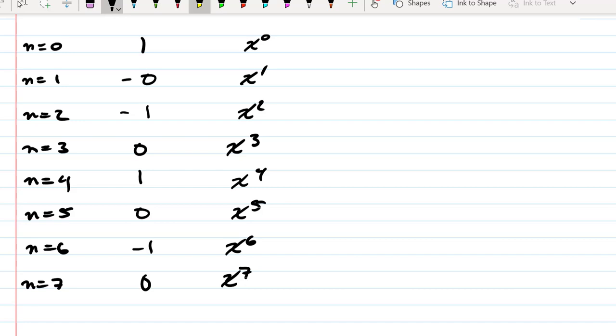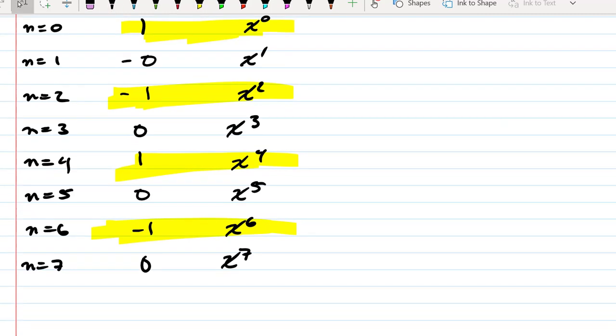So if we look at the non-zero coefficients, that's going to be here, here, here, here. It looks like all of the odd coefficients this time are going to be 0, and all of the even ones are going to be not 0.